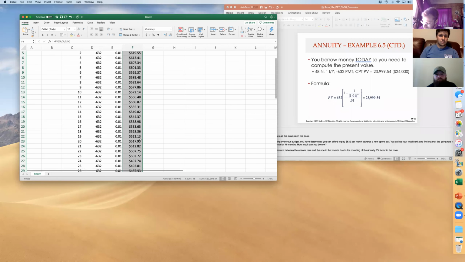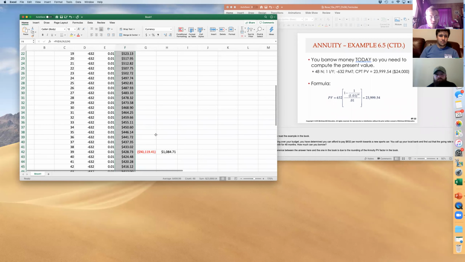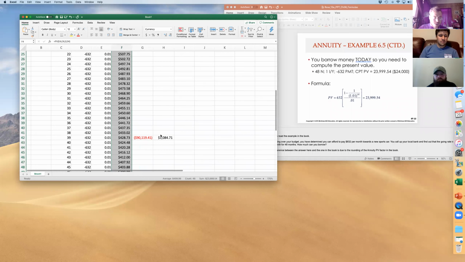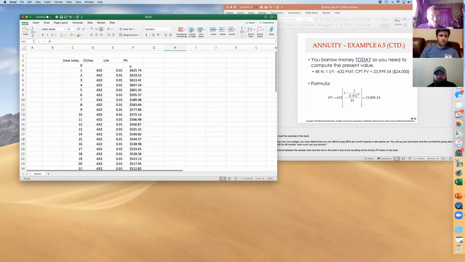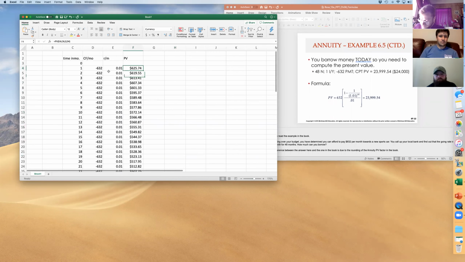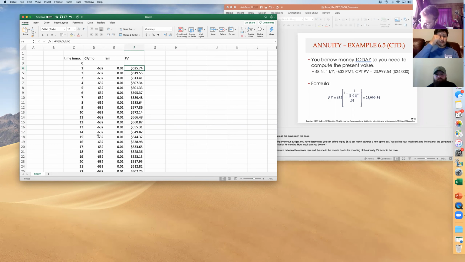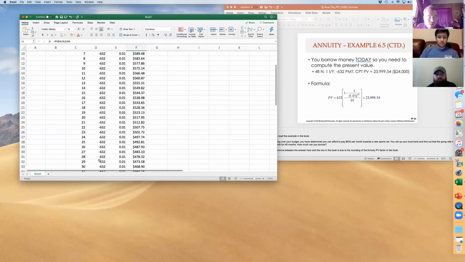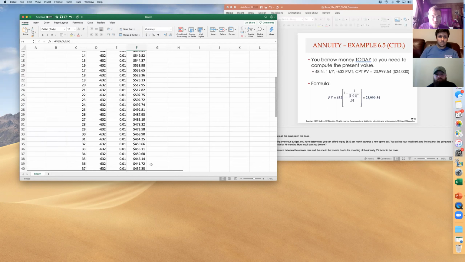And this is what the bank is looking at. And think about this. The bank is trading with you. They are going to receive these $632 payments over the next 48 months, right?